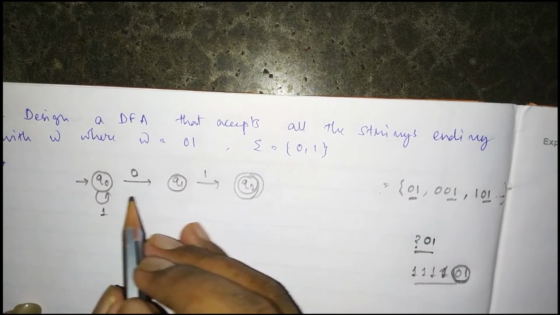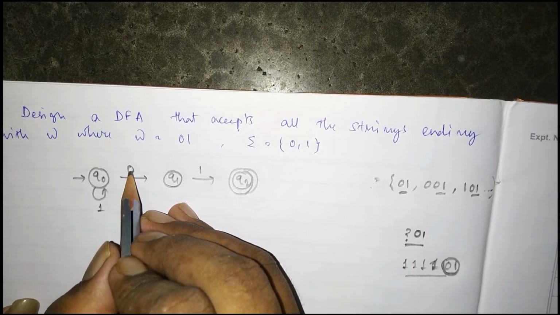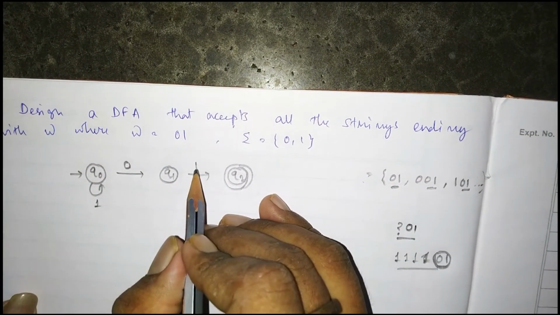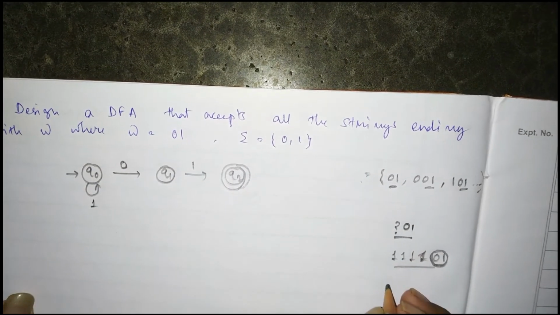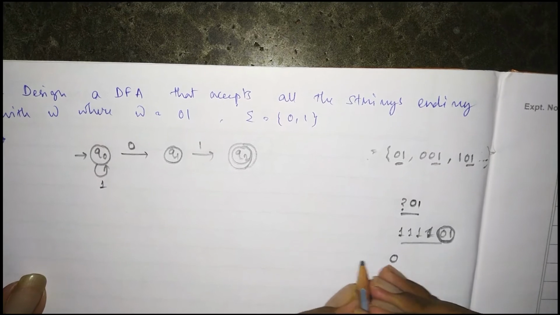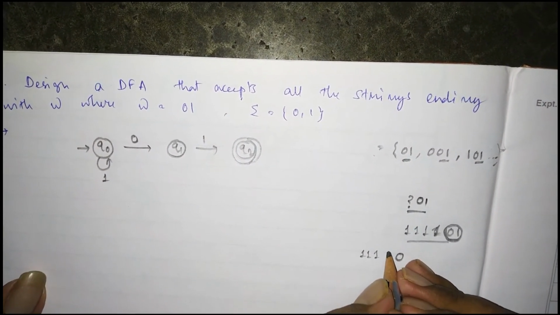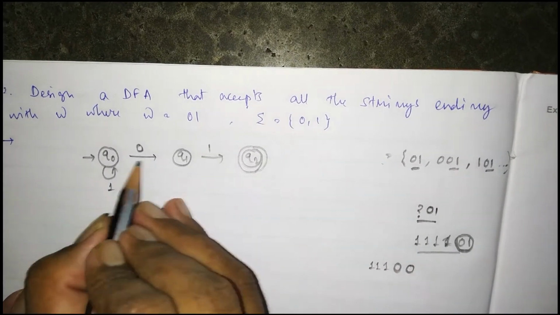Now when we are in Q1, it means we have accepted 0 and we need a 1 to satisfy this condition. So let's talk about the examples first. Let's say we have multiple ones for this self loop, then we have accepted 0 for this transition.